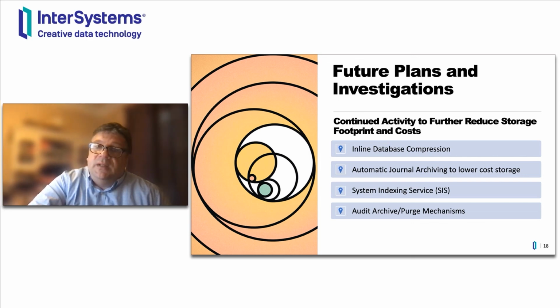And last but certainly not least, a potential audit archive purge mechanism to offload audit data from the operational database, the iris.dat files. So instead of just pushing data to secondary slower storage, there might be an option to actually remove it completely, or just automate the process of pushing it to slower, cheaper storage, which is going to be more of a manual process, at least for the start.